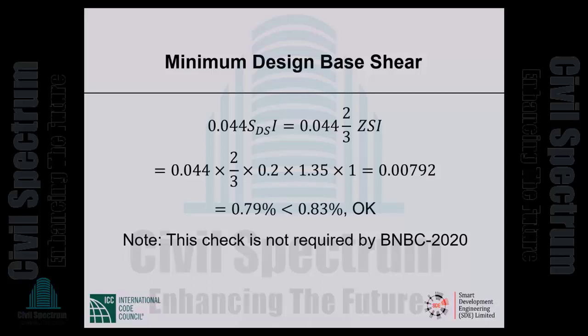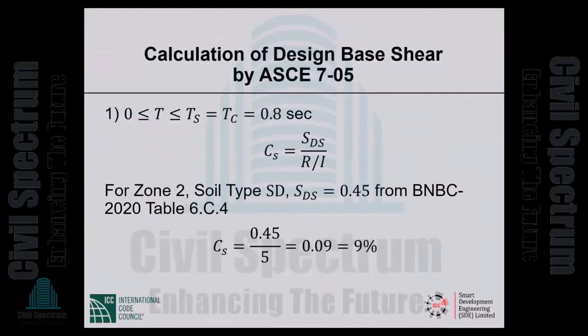Z is the same as S sub 1, which is 40% of S sub S and all of that. So S sub DS is two-thirds of Z times S. So 0.044, two-thirds, Z of 0.2, S of 1.35, I of 1. That gives you 0.00792 or 0.79%, which being lower than 0.83%, we are okay. I said this check is not required by BNBC 2020.